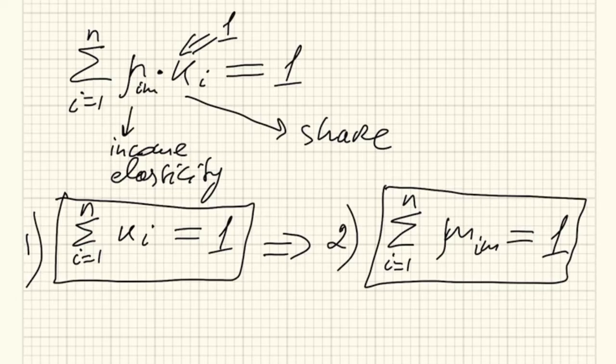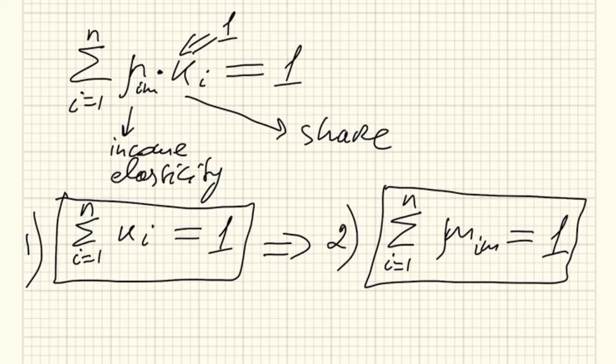And this is the question that I want to ask of you to think about. If you pause the video and think about this, what does it mean when you sum income elasticities as they attribute to each item that you buy at the marketplace? In what sense must it be equal to 1? So you pause the video and you think about that question.